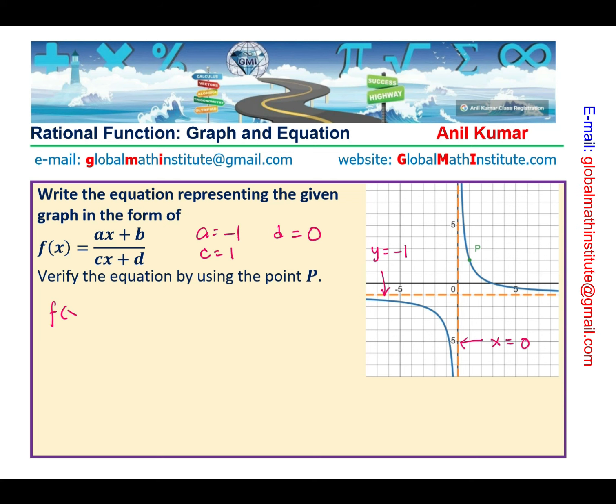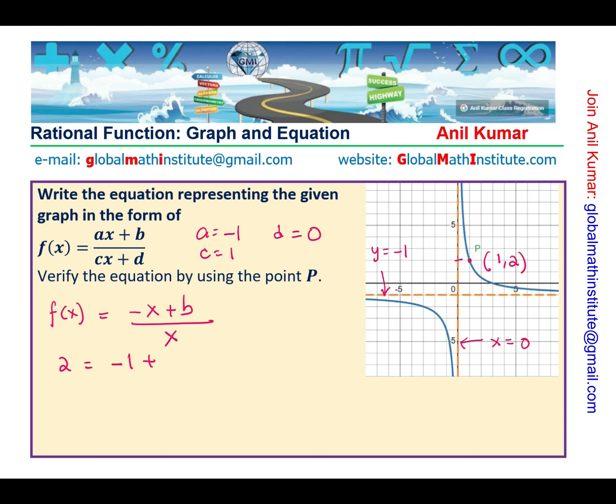We can write f of x as equal to minus x plus b over x. Is that clear to you? Now to find the value of b, we are given a point P, which is right there. For x equals 1, the y value is 2. So we'll write 2 here, minus 1 plus b over 1.